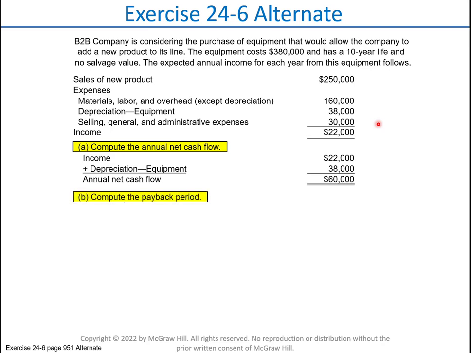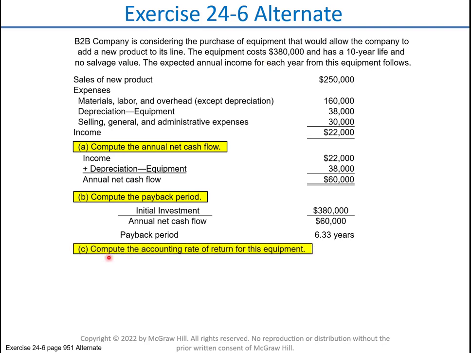Now we can compute the payback period. The payback period is computed as the initial investment, this is $380,000, divided by the annual net cash flow of 60. So the payback period for this investment is 6.33 years.